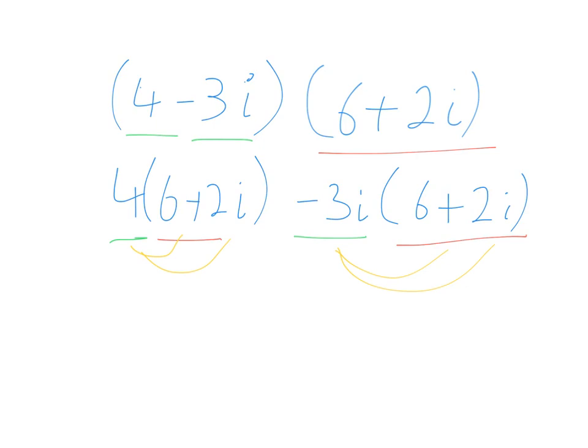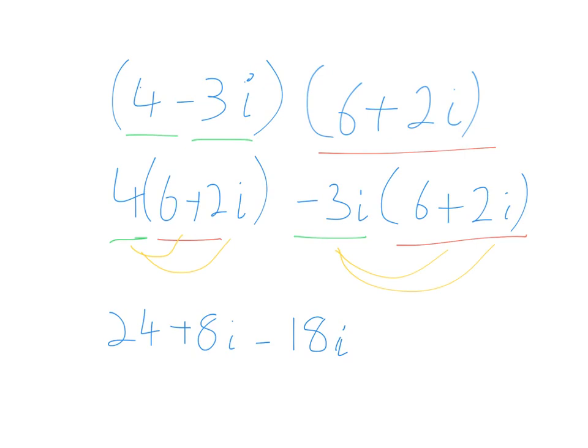So let's just start from the left hand side. 4 times 6 is 24. 4 times 2i is going to give us 8i. So just multiply the normal part of the number by the normal part there. Minus 3i by 6. Well, 3 times 6 is going to be 18. Again, the normal part gets multiplied by the normal part. And then a minus times a plus will give us a minus.